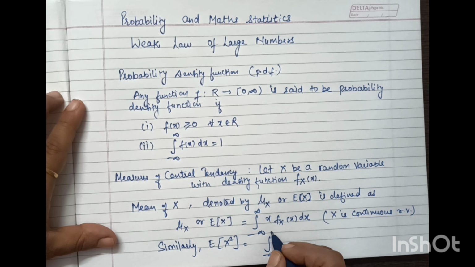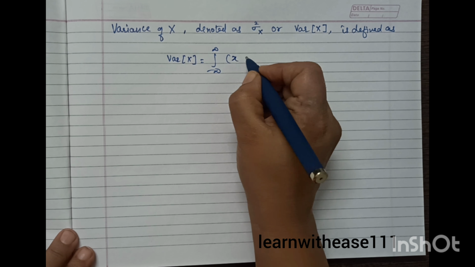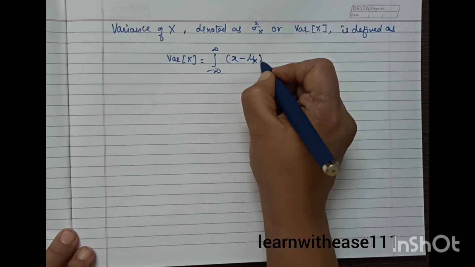See, in expectation we write x, and in variance we write (x minus mean) square f(x) dx. This is a kind of formula which we need to remember, though we have proofs for them also, but right now we need to remember this for other theorems and questions.